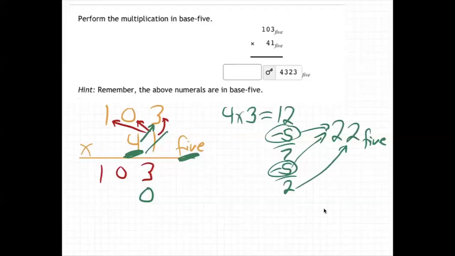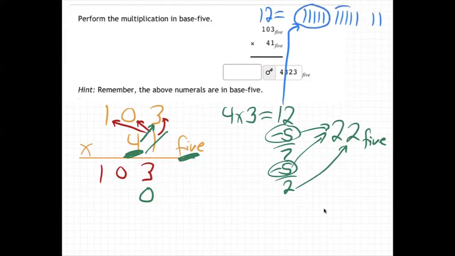Let me slow that down again. Did you understand what just happened? Let me show another way. So 12: 1, 2, 3, 4, 5, 6, 7, 8, 9, 10, 11, 12. That's 12. Now in base 5, it's one group of 5, another group of 5, and 2 more left over.